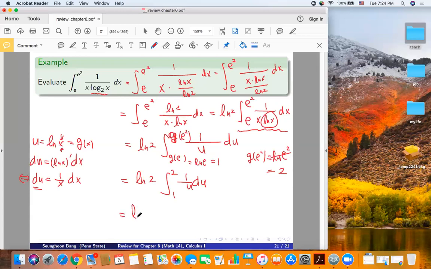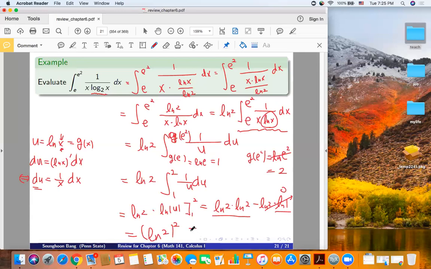So we have ln of 2 times ln of absolute value of u from 1 to 2. You plug in: keep ln of 2 times ln of 2 minus ln of 2 times ln of 1. What's ln of 1? Yes, 0. You don't need it. So ln of 2 times ln of 2 is ln of 2 squared.